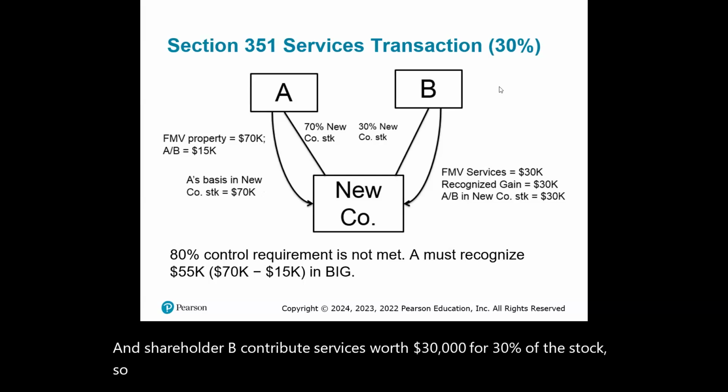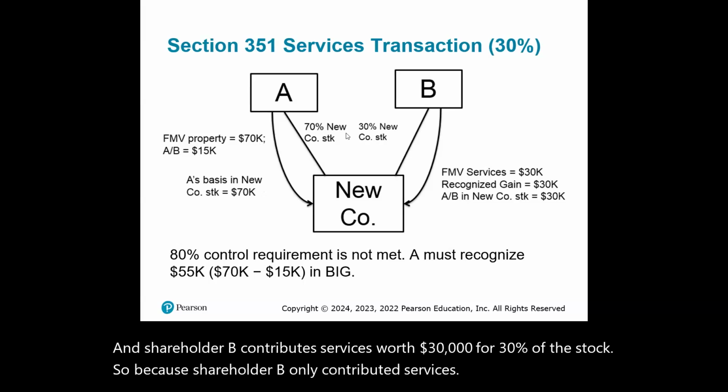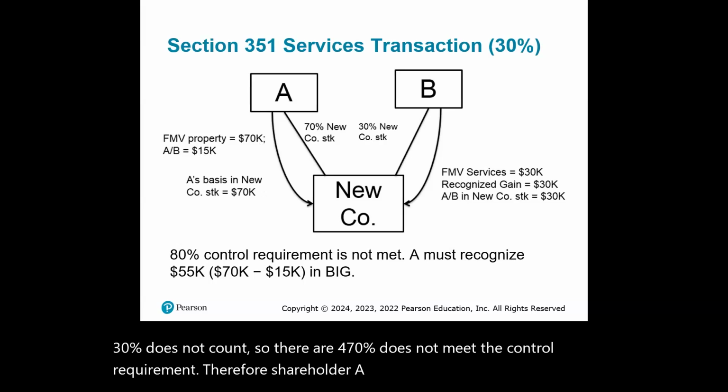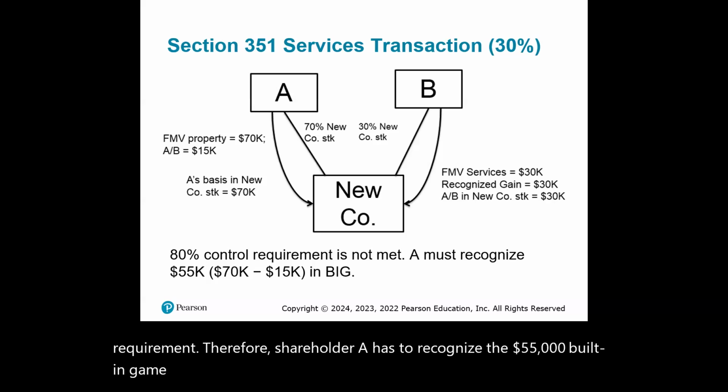Because shareholder B only contributed services, the 30% does not count. Therefore, the 70% does not meet the control requirement, and shareholder A has to recognize the $55,000 built-in gain on the property.